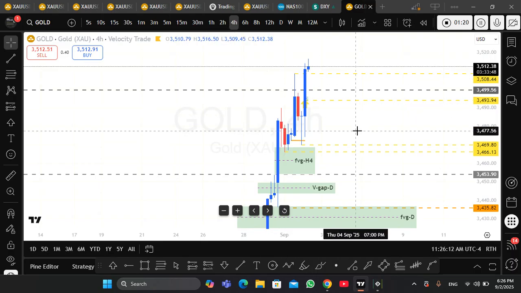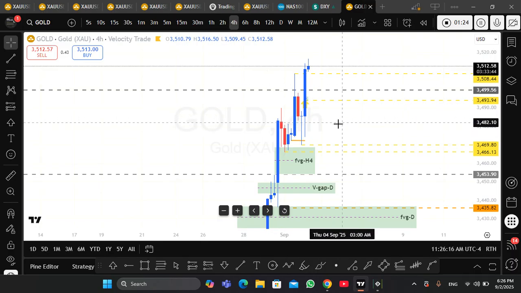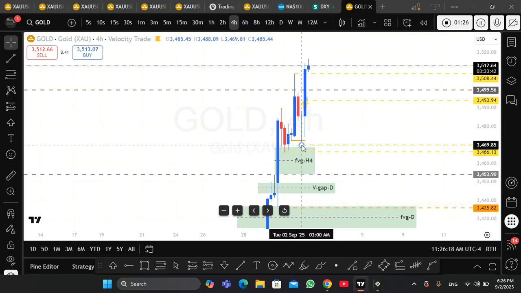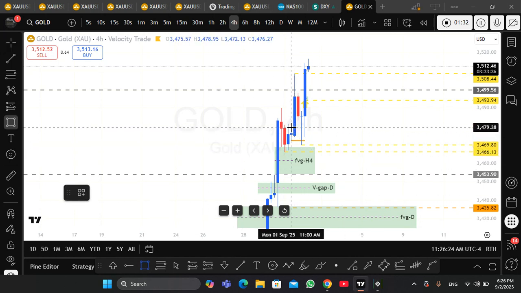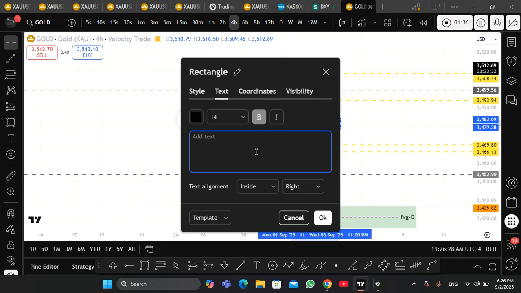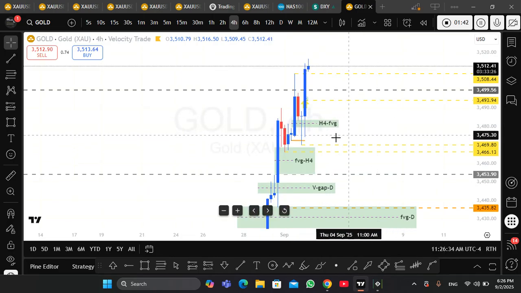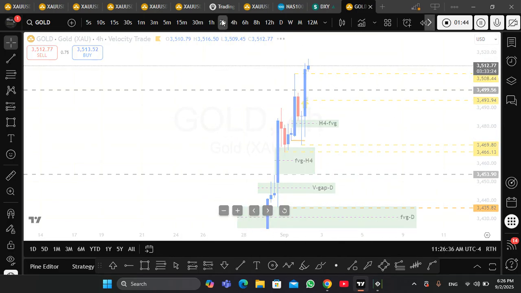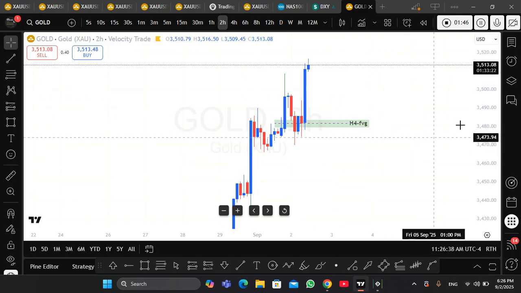The most important thing that you should know is the rejection from this area, sweeping this low, and this very beautiful fair value gap on H4. This is H4 fair value gap, and you can see how the market moves in this area.